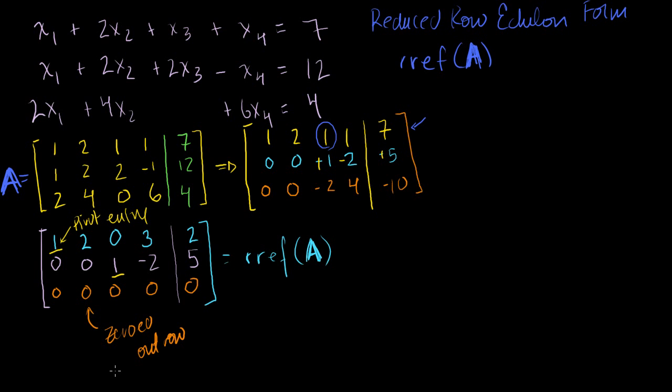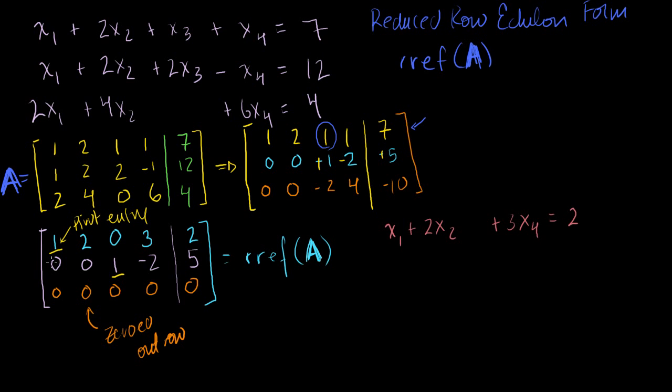Now, what does this do for me? Well, now I can go back from this world to my linear equations, because we remember that these were the coefficients on x1, these were the coefficients on x2, these were the coefficients on x3, on x4, and then these were my constants out here. So I can rewrite this system of equations using my reduced row echelon form as x1 plus 2x2, there's no x3 there, so plus 3x4 is equal to 2.